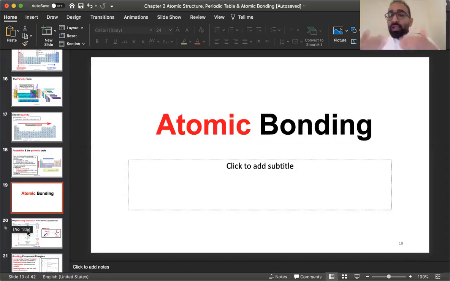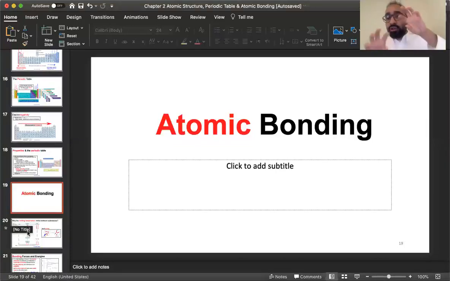So for atomic bonding, we are talking about the bonds that exist between the atoms inside the molecule. For example, in H2O, we're going to talk about the type of bonding connecting the oxygen with the hydrogen inside the molecule. This is called intramolecular bonding, I-N-T-R-A.